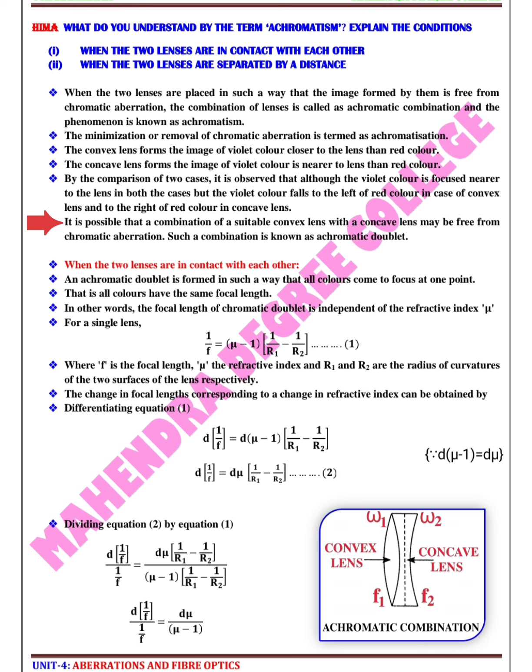It means a convex lens and a concave lens can be combined in such a way that they cancel out chromatic aberration or color distortion. This special lens combination is called an achromatic doublet.